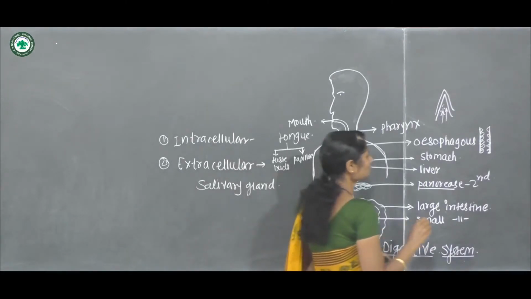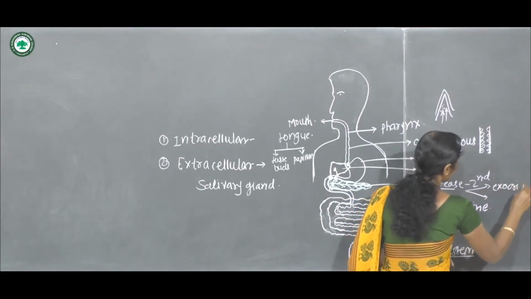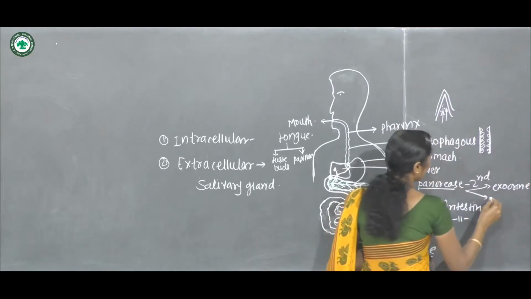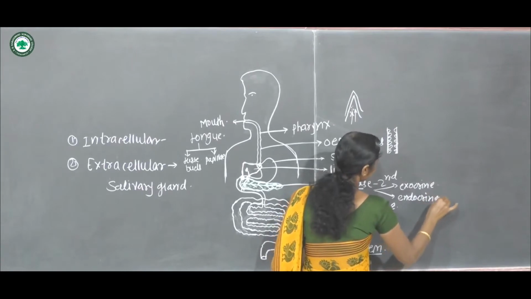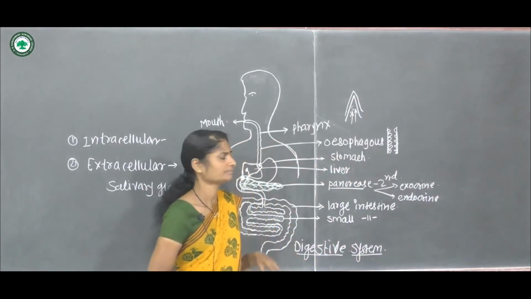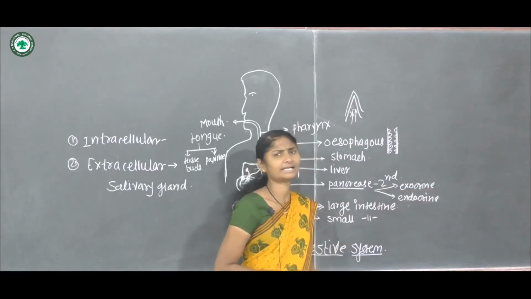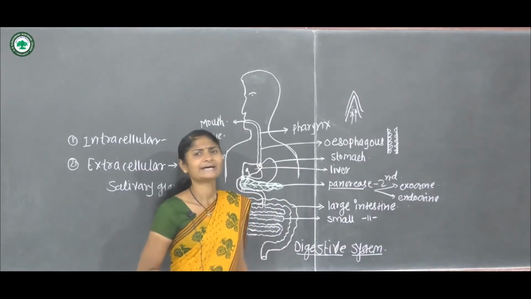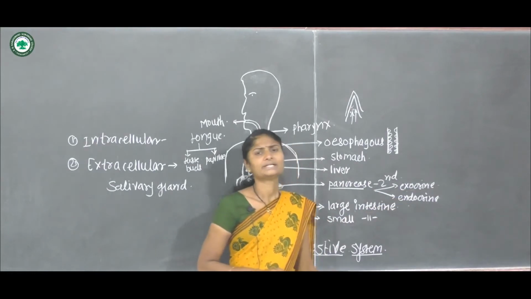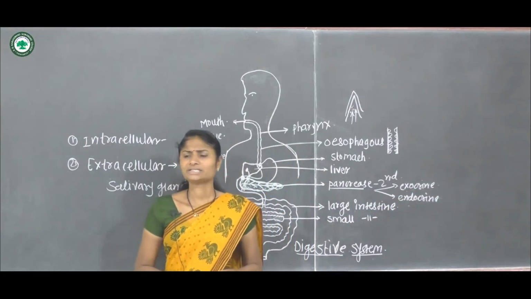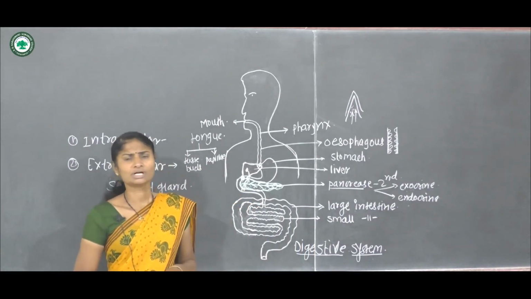The pancreas shows an exocrine and an endocrine part. The exocrine part is related to digestive enzymes, which it secretes, and in the endocrine part hormones are secreted, and these hormones mainly function to regulate blood sugar.